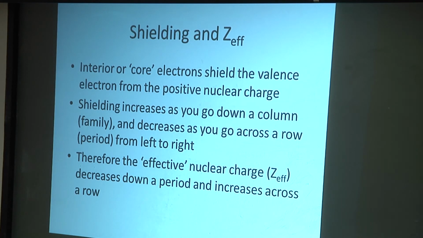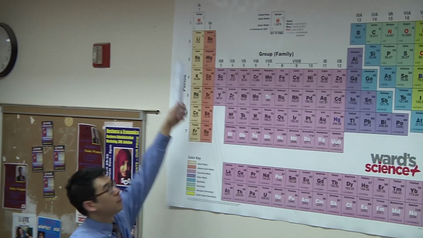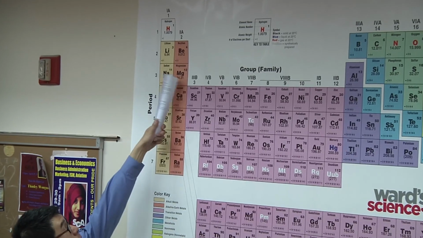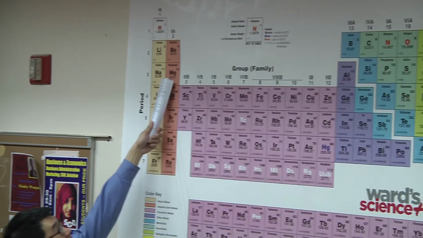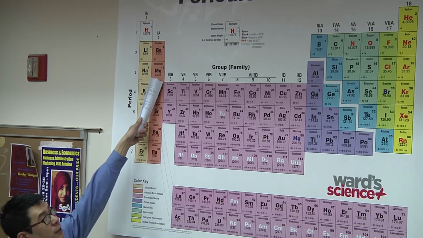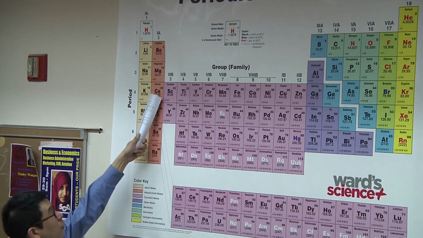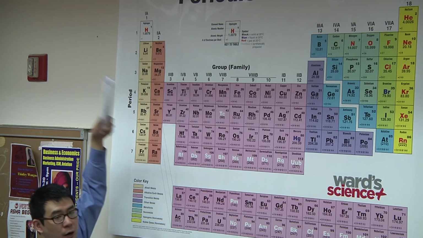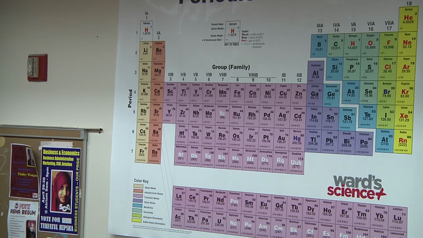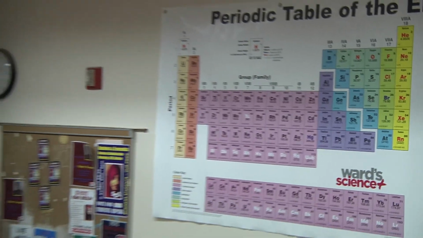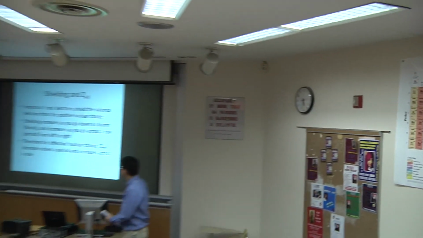If you look at beryllium, the only core electrons are from n equals 1. But when you consider magnesium, the core electrons are from n equals 2 and n equals 1. And when you look at calcium, the core electrons are from n equals 3, 2, and 1. So as you go down a family, the shielding increases.